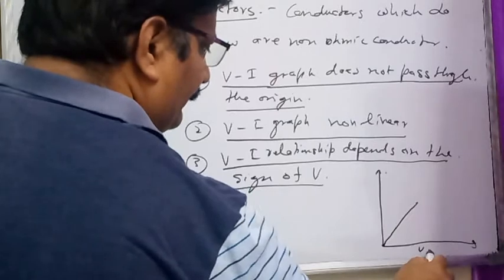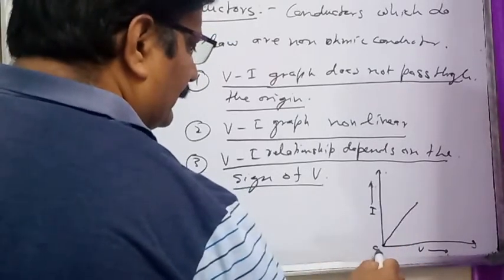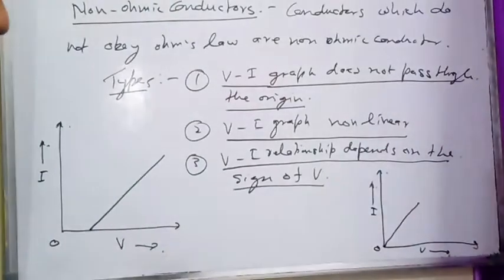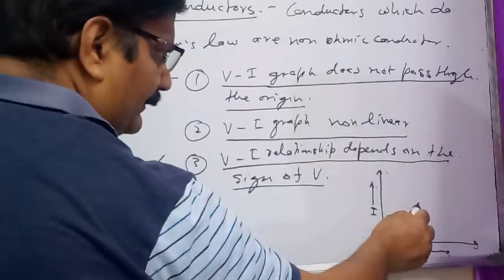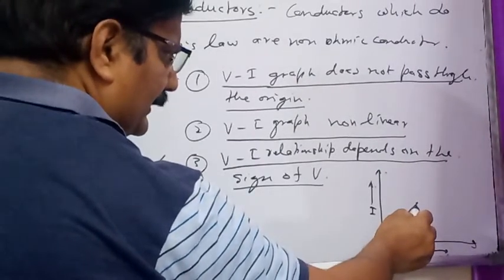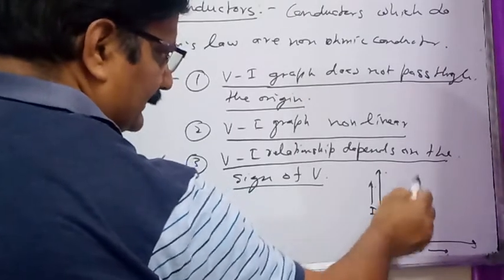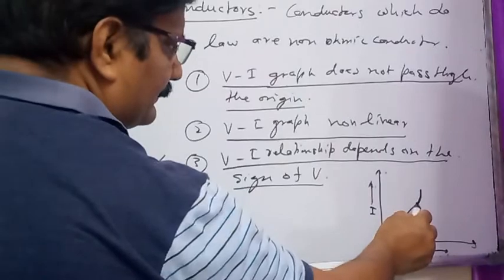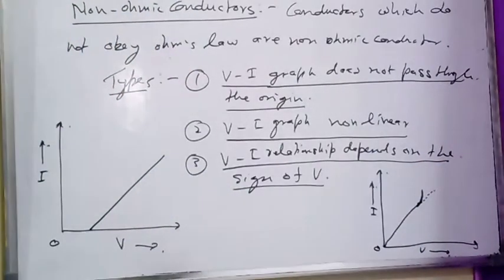But as value of current increases, due to heating effect of the current, the temperature of the metallic conductor increases and its resistance starts increasing, and the graph no more remains rectilinear but tilts in the upward direction, and this becomes a non-ohmic behavior of the metallic conductor.